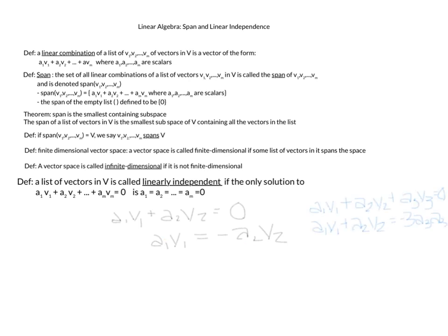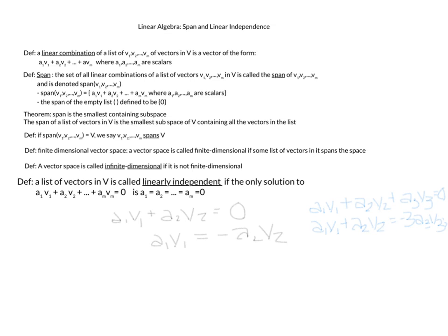Another example: if there were coefficients a1, a2, a3 that were not all 0, such that the linear combination of the three vectors equals 0, that would mean v3 is a linear combination of v1 and v2, meaning v3 could be made from v1 and v2. So it's not independent. You can actually make it from v1 and v2, so it's dependent on v1 and v2.